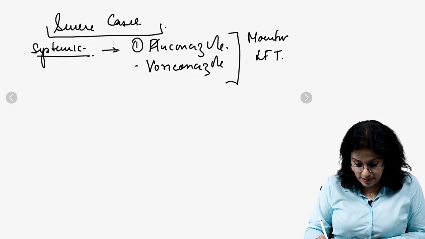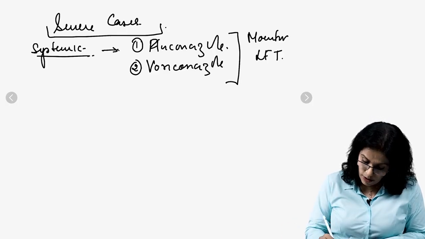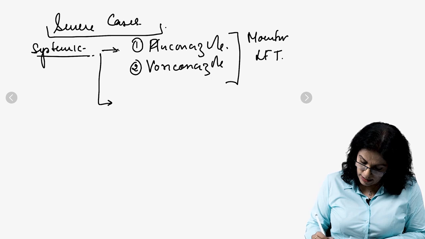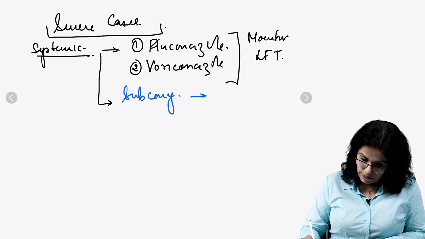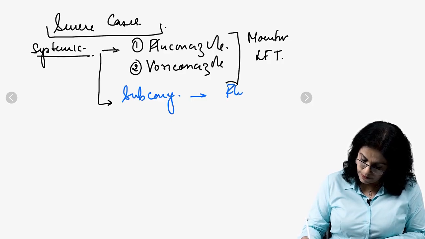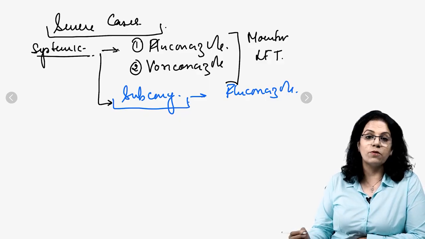This may be needed in severe cases. Secondly, another option is I can also go for subconjunctival injections of fluconazole. I admit, of course, this is not systemic, this is local.